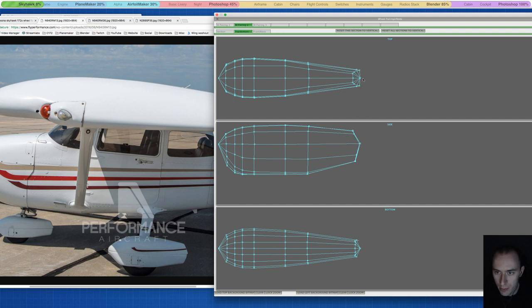Actually quite a sharp point. I mean, it's actually just a tiny tip, so I think that this is even wrong.